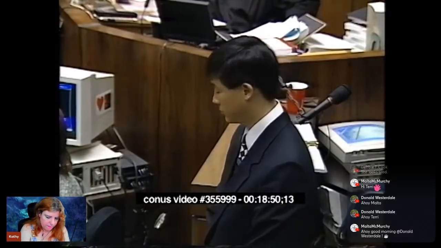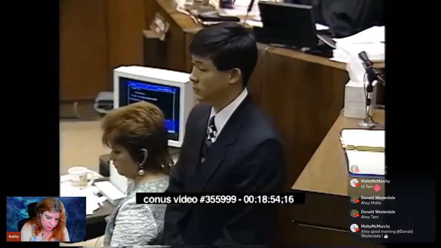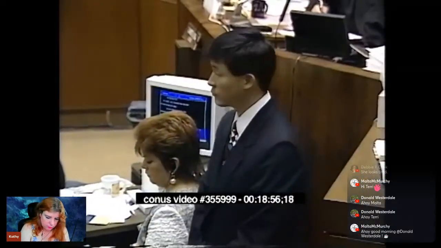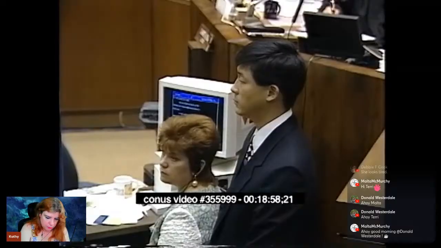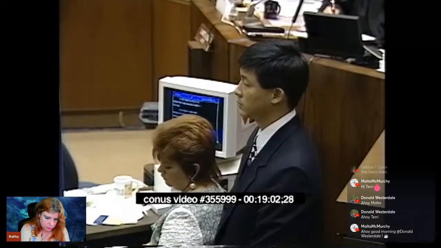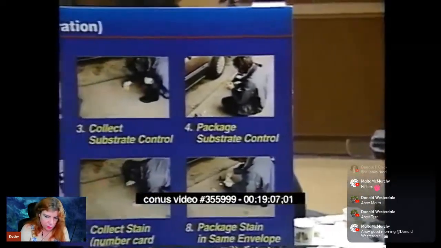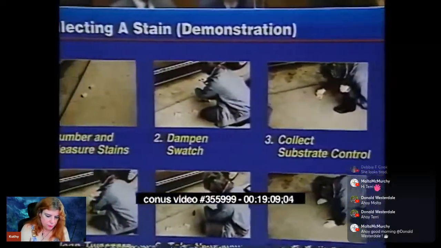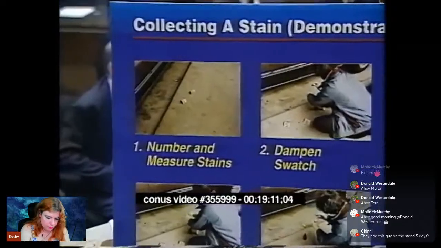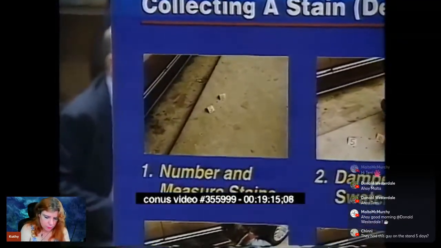Sir, does People's 163 demonstrate most of the major steps that are involved in collecting a stain? Yes, it does. And directing your attention to the photograph that's numbered 1 on this board that says number and measure stains, what does that photograph depict? That depicts the documentation portion of the collection of a stain.